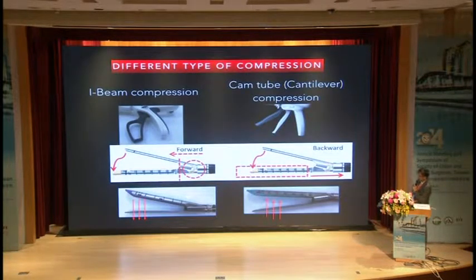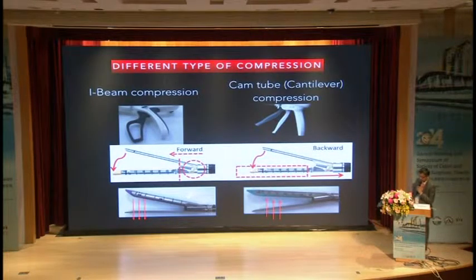They have different types of compression. In the Covidien design, the upper and bottom jaws approximate. It's like an I-beam compression, which is strong compression in the proximal. And then after we fire, the compression peak will extend from proximal to distal during your fire.